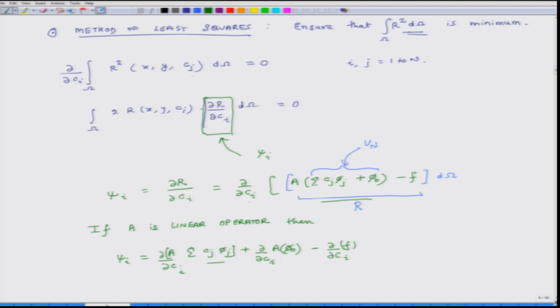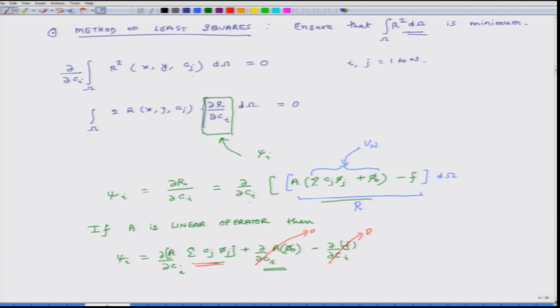Now, this part does not depend on C at all, right, it only depends on phi naught. So, this is 0, this is also 0. The only thing which depends on C's is this thing.